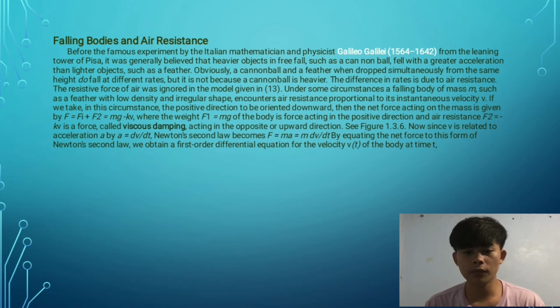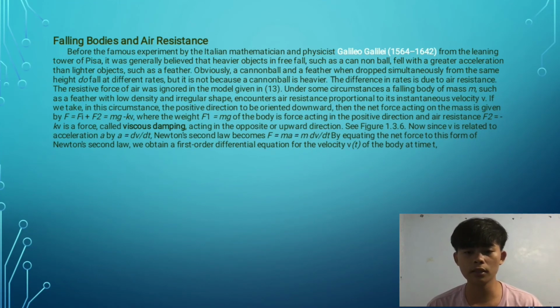The resistive force of air was ignored in the model given. Under some circumstances, a falling body of mass m, such as a feather with low density and irregular shape, encounters air resistance proportional to its instantaneous velocity v.